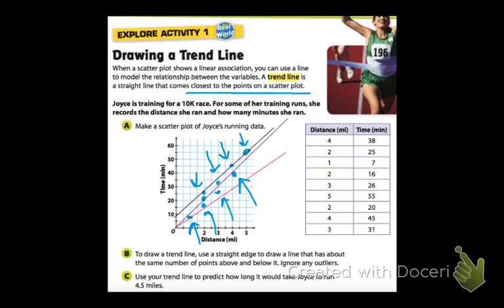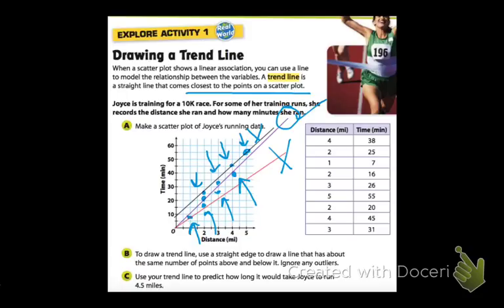You'll notice that the purple line actually goes through the middle of my data. And when I'm drawing a trend line, that is what I want. I want a line that goes through the middle of my data and gives me the trend or the pattern that I see in my data. So in this specific picture, the purple line is the line that I would say is the correct trend line.